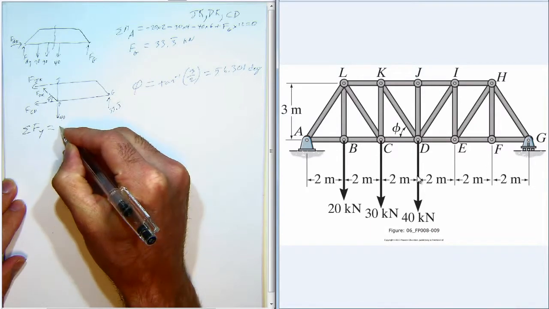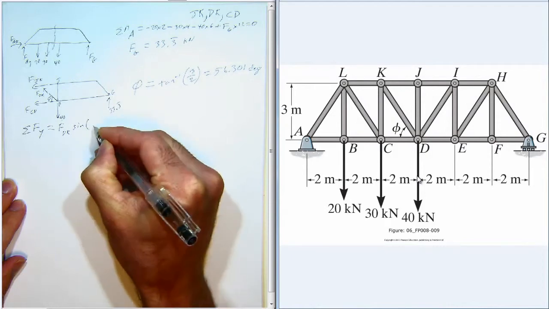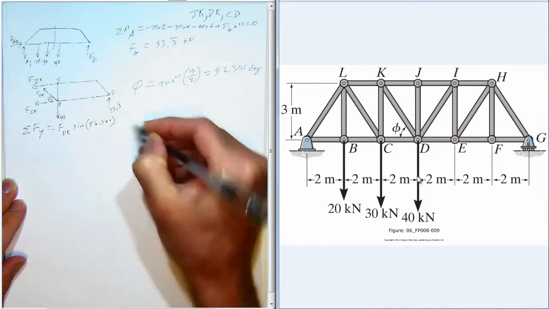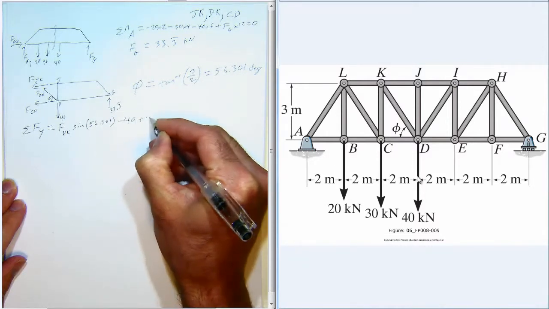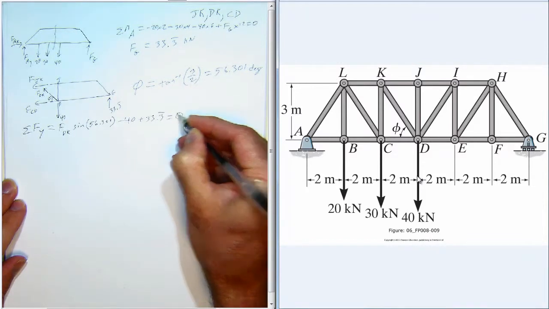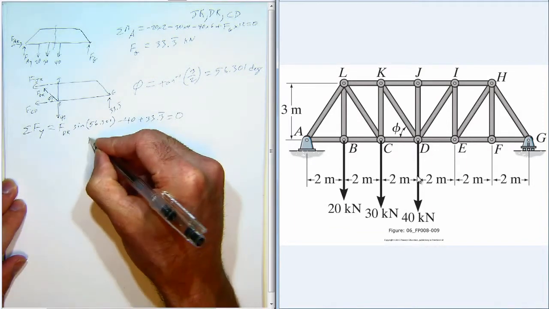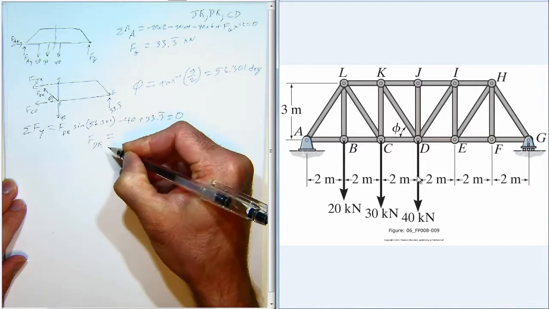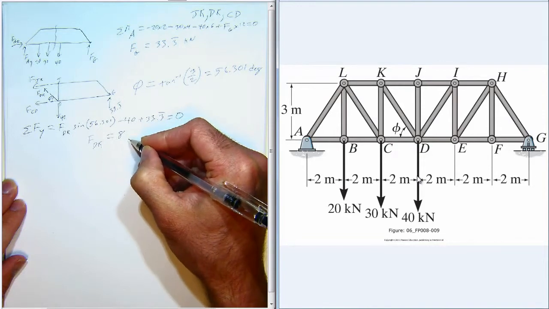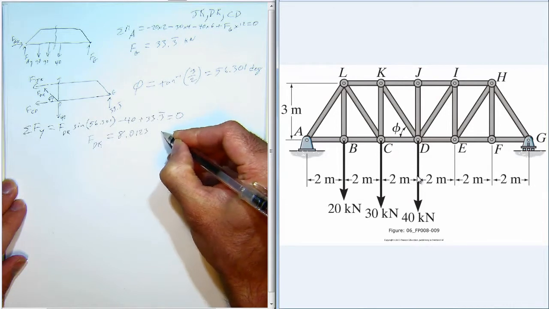So we have FDK sine of 56.301 minus 40 plus 33.3 repeating, and that adds up to 0. So that's the force balance on this section of the truss. And that equation gives us that FDK is equal to 8.0123 kilonewtons. And it's in tension.